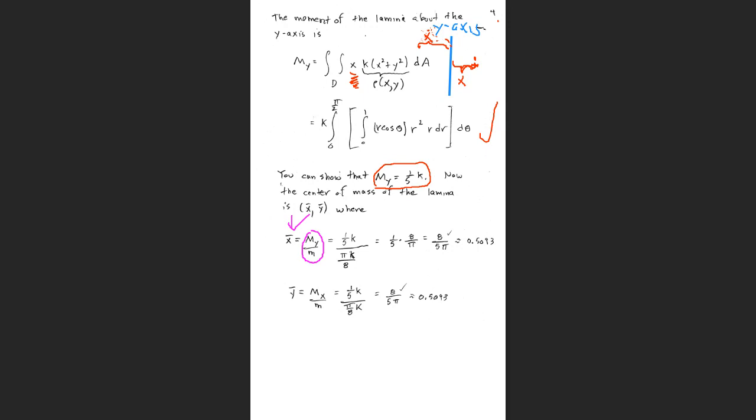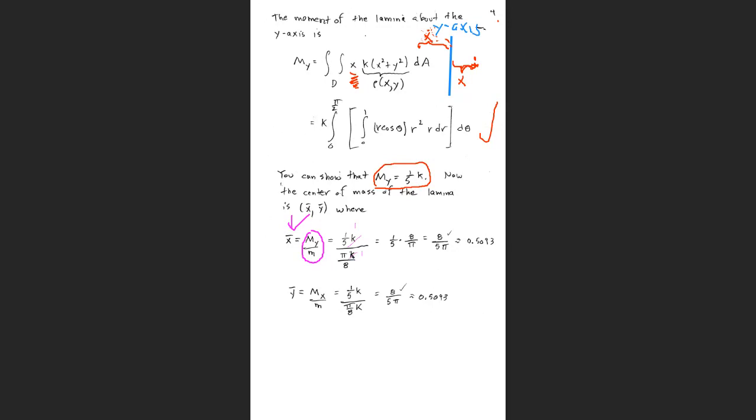And when we do that, the beautiful thing that happens is that these k's, the constant of proportionality k that we didn't know, simplify out.